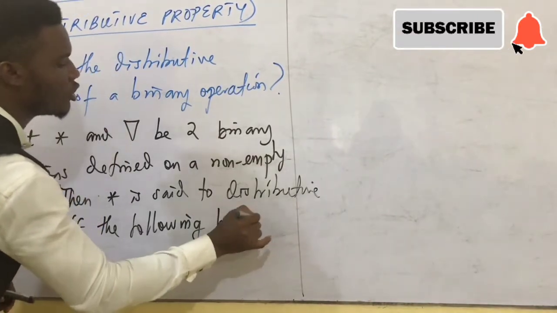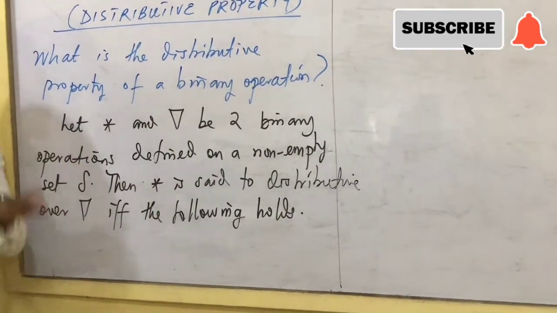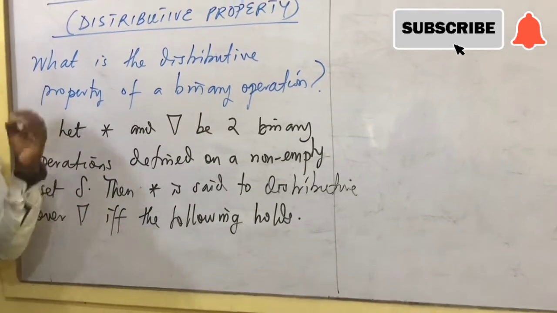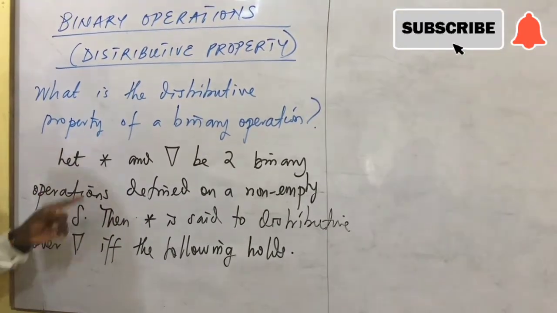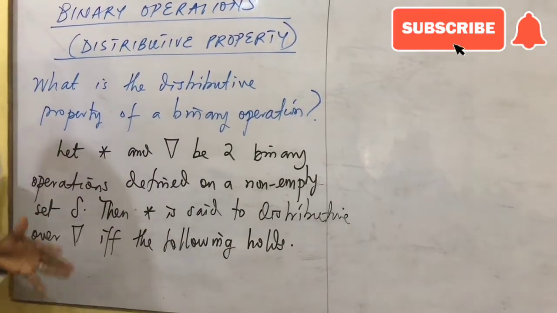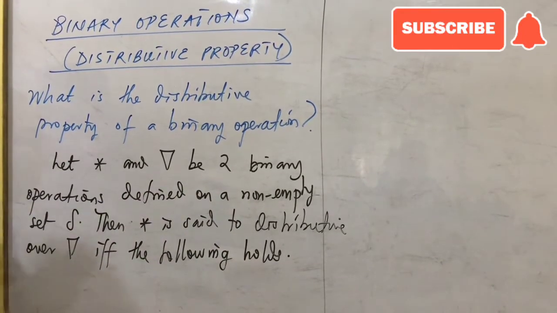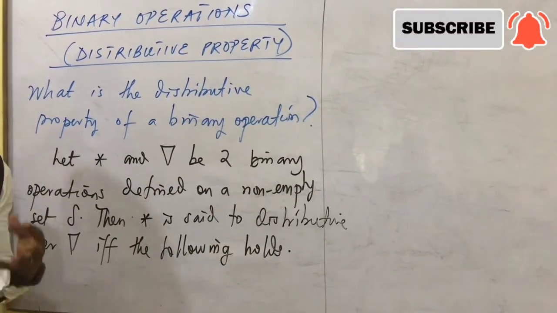Now, under what condition? Remember, there are two binary operations in this case. When you talk about distributivity, there must be two binary operations in question. In this case, I am using asterisk and nabla to represent two different binary operations that are both defined on the non-empty set X. Take note, this non-empty set must be closed.